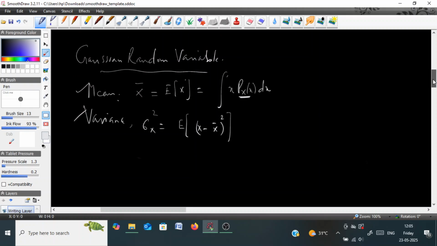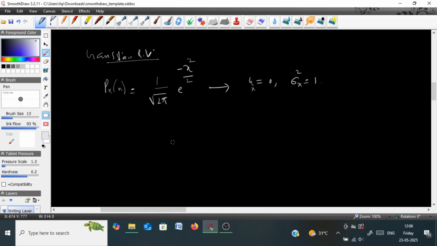Okay, today we will discuss a random variable that is ultimately important in the theory of communication, which is a Gaussian random variable, and later on we will extend it to the Gaussian random process, or white Gaussian noise, as we call it. Okay.